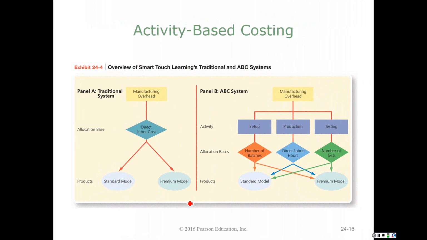So we can see a pictorial example of this. Let's go back and look at our ABC cost system, which we just did. Here's our manufacturing overhead, our estimated manufacturing overhead. And we've been able to break that down into 3 different categories: setup, production, and testing. Now, realize there could have been 5 other activities that were driving this manufacturing overhead in my organization.